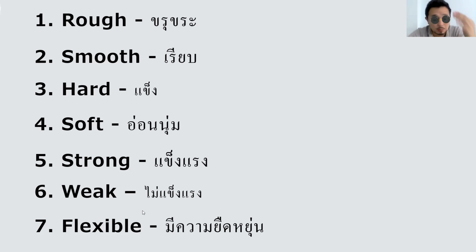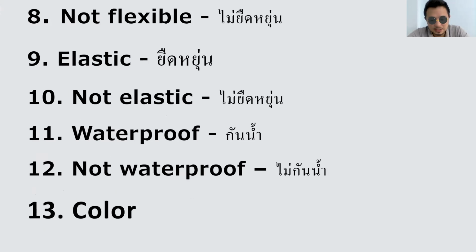Number seven, remember these words. Number seven, we have flexible. Flexible. See, the translation is there. Next, if there is flexible, of course, there is what? There is non-flexible.